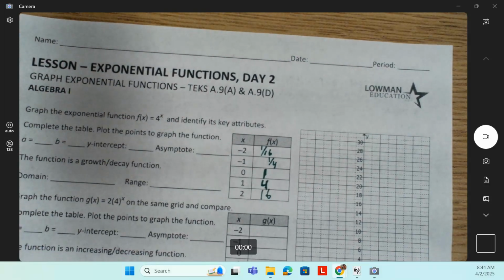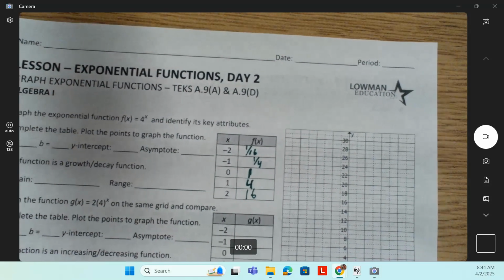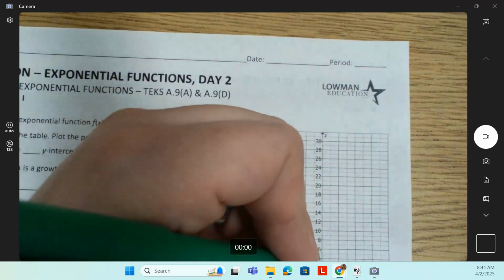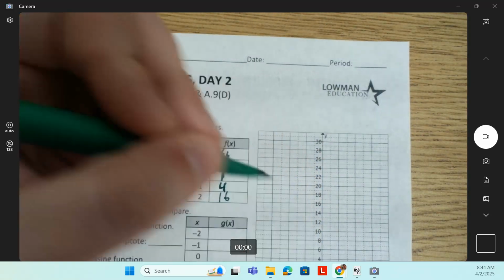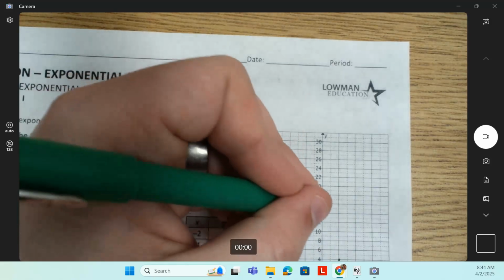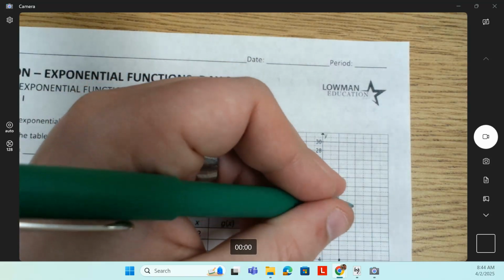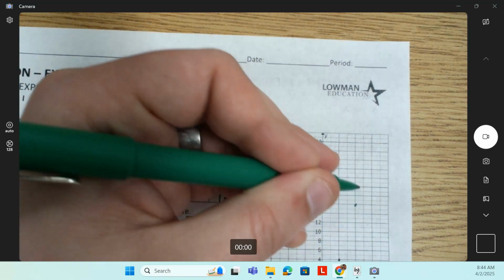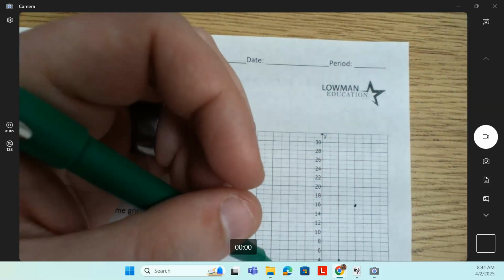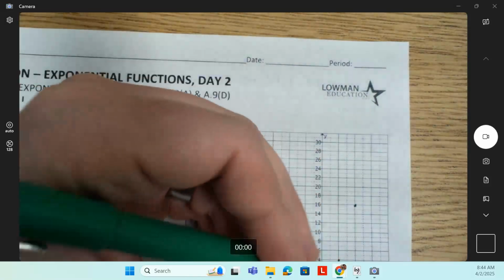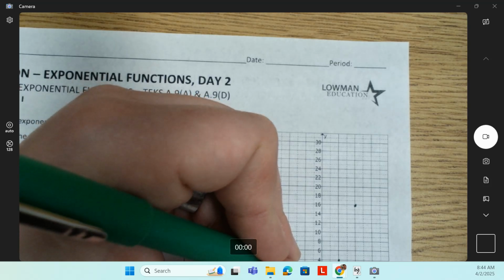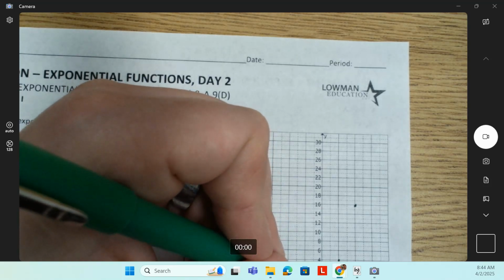So looking at graphing that, for f of x, have it cross at 0, 1. And then we have 1, 4, 2, 16. And 3 would be way up off the map. Then at negative 1, we're at 1/4, and then 1/16.